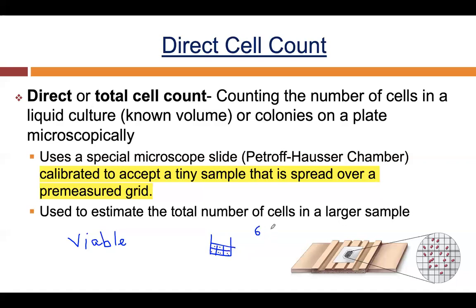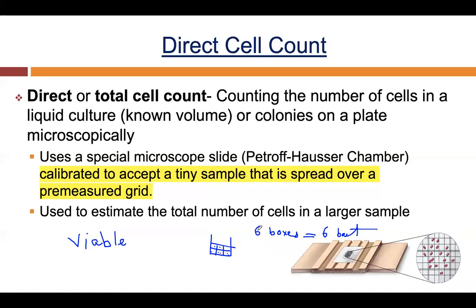So within 6 boxes we have 1, 2, 3, 4, 5, 6 living bacteria, or 6 viable bacteria.